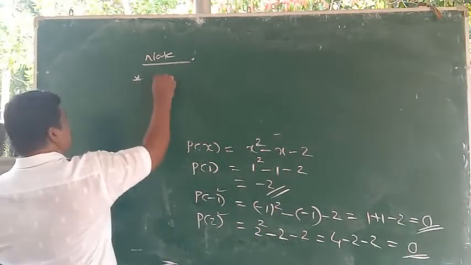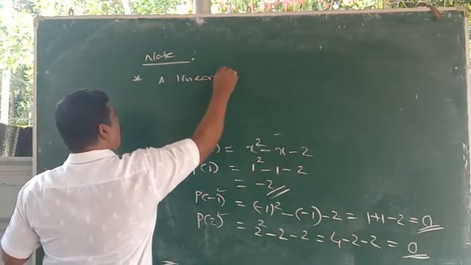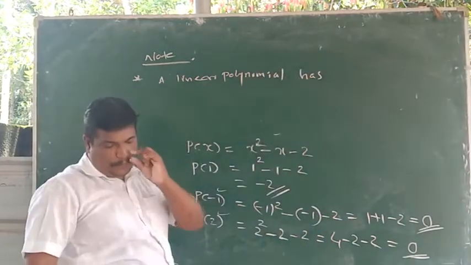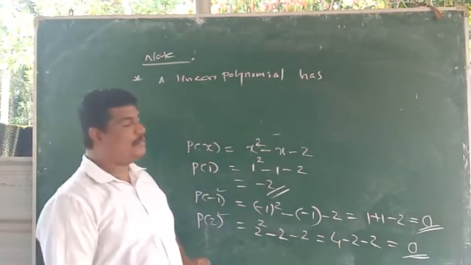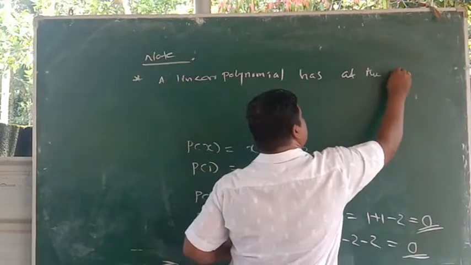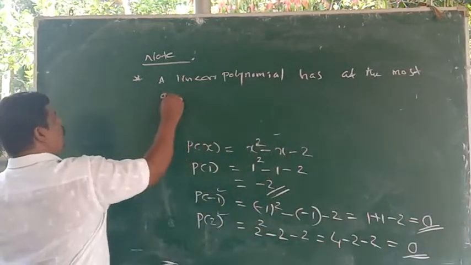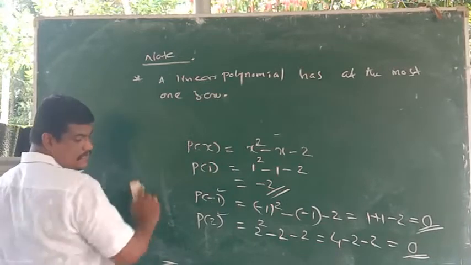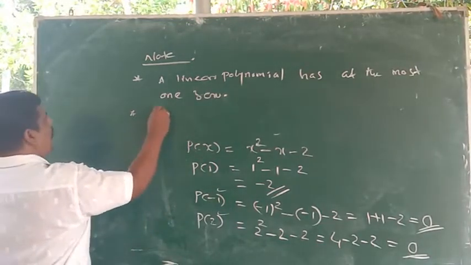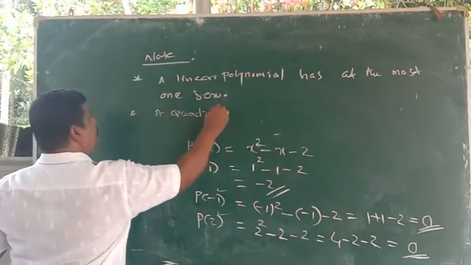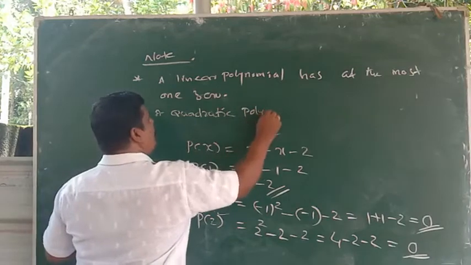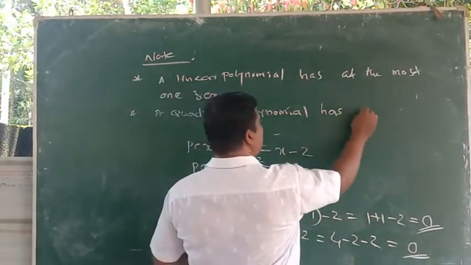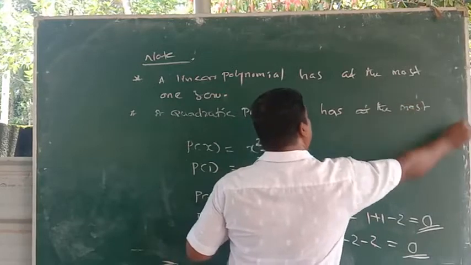A linear polynomial has at most 1 zero. Next, a quadratic polynomial has at most 2 zeros.